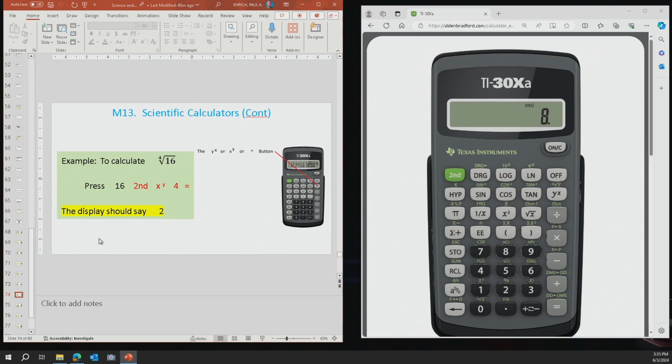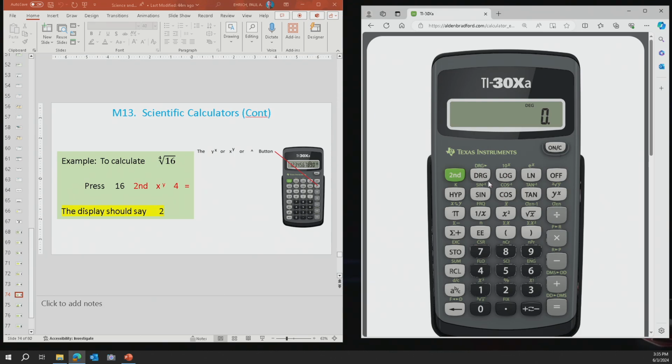Now you should know what that is, because we're trying to find a number that when you multiply it by itself 4 times, it turns out to be 16. And that would be 2. So 2 times 2 times 2 times 2 is going to be 16. So we know that the answer ought to be 2, but let's go ahead and verify that.